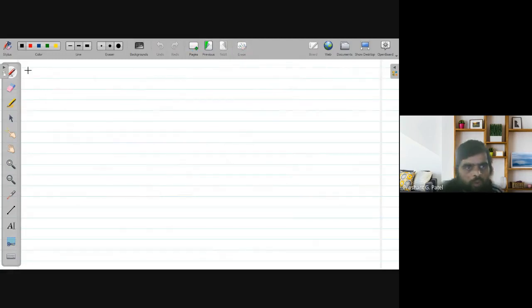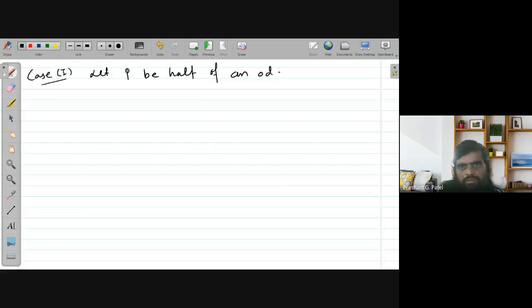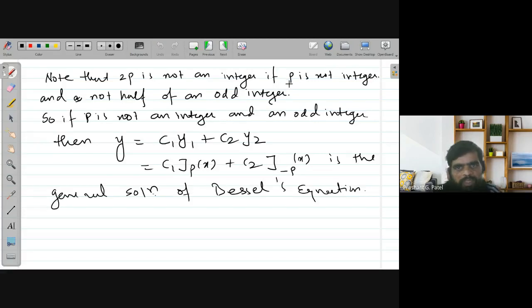Now case number 1, that is, let p be a half of an odd integer. See, why we have taken p is not an integer and not a half of a positive integer, because m1 minus m2 is 2p.